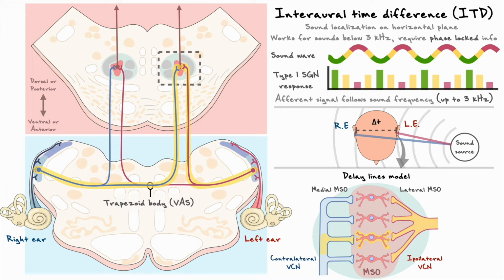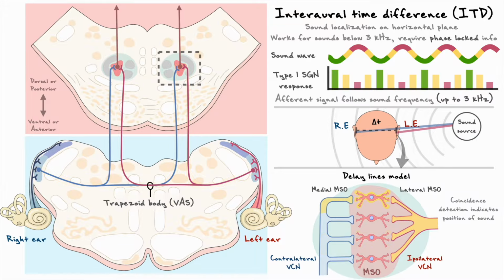This simultaneous excitation of the bipolar neuron is also known as a coincidence detection, and this is what is believed to indicate the position of sound on the horizontal plane. If the sound source changes location, then the time interval between the left and right ears will change, and that will activate a different bipolar neuron in the MSO, and thus a different position will be detected.